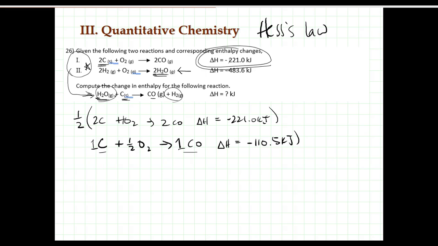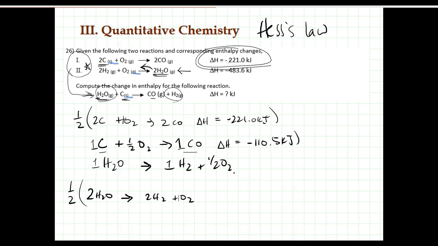Products, reactants, not the same. So we're just going to take this arrow and flip it the other way. So I've got 2 waters yielding 2 hydrogen gases and 1 oxygen, but of course we're going to chop that in half. 1/2 times 2 is 1 H2O. 1/2 times 2 is 1 H2. 1/2 times 1, invisible 1, O2, is half an oxygen gas.